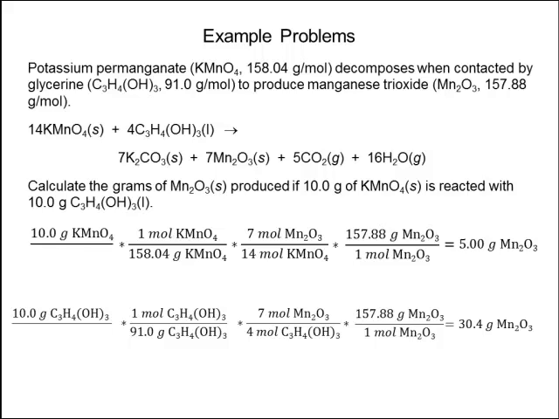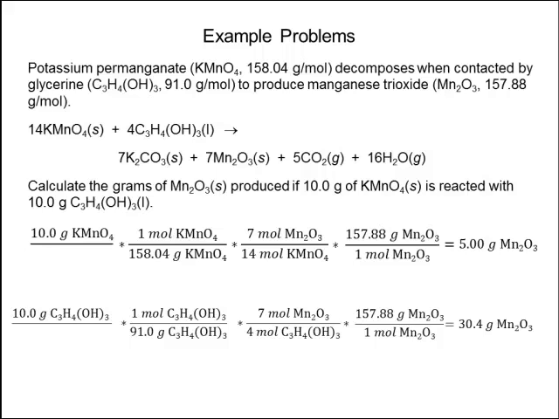One thing I want to note: when you look at this problem, it looks daunting because there's a lot of stuff in here, but it's actually the same calculation. You just have to know what information you need to pull out of there.